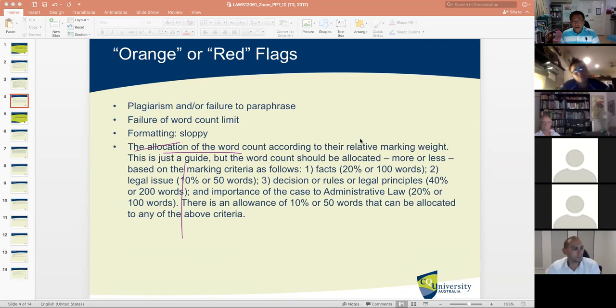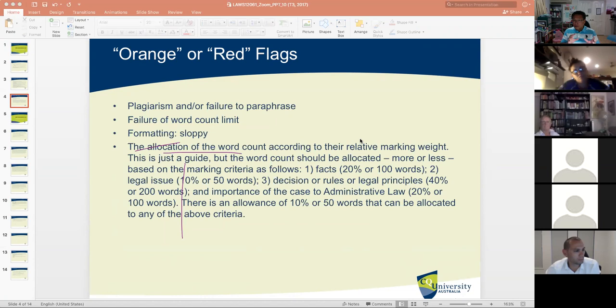The other important point to consider is the allocation of the word count according to the relative marking weight. Because we know that the criterion given the most weight is the decision or the rules or legal principles, then basing it on 500 words, we would have a sense that the decision or rules or legal principles should be discussed using about 200 words, more or less.